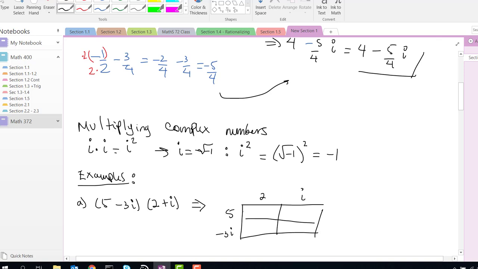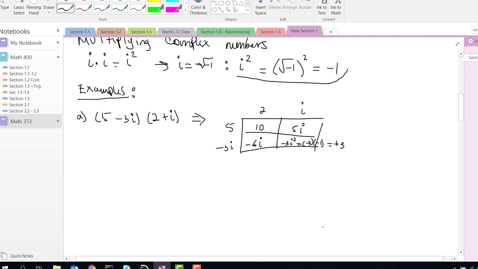So 5 times 2 is 10. 5 times i is 5i. Negative 3i times 2 is negative 6i. And negative 3i times i is going to give me a negative 3i squared. But we just set up here that i squared is negative 1. So this becomes negative 3 times negative 1, which then is positive 3.